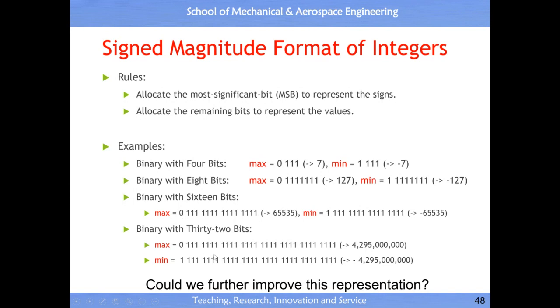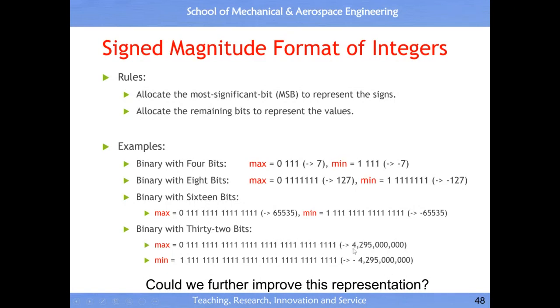So if we have 32 bits, then we dedicate bit 31 to indicate whether the value is positive or negative. Then the remaining 31 bits just represent the value itself. So in this way, we can only represent integers which vary within this range.